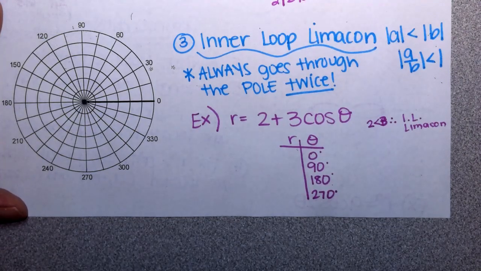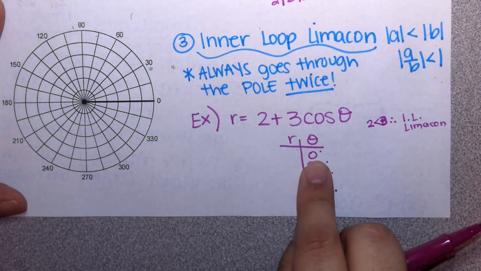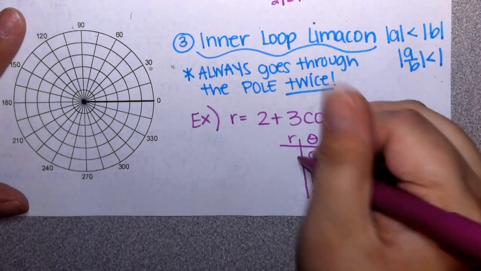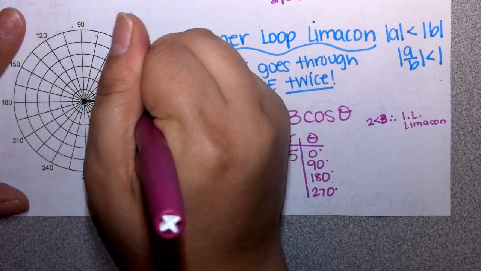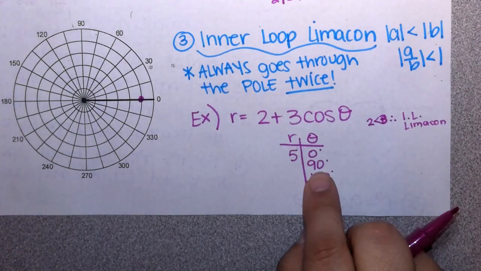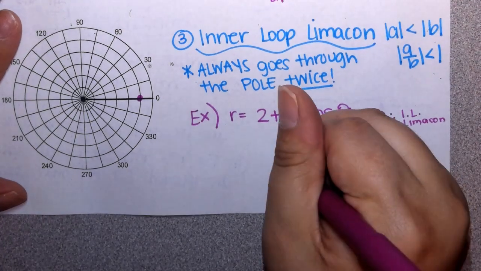Am I going too fast? What's the cosine of 0? Times 3 plus 2. Plot 1, 2, 3, 4, 5, 0. Cosine of 90? 0 times 3 is 0 plus 2.